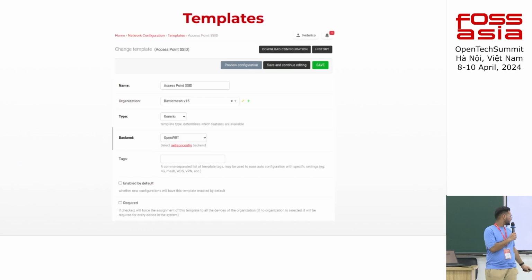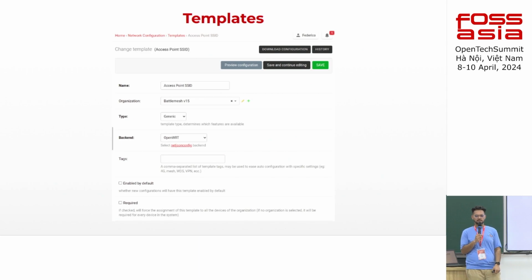Yeah, there are two small things here. First one is enabled by default and another one is required at the bottom. If you flag a template as enabled by default, any new device which registers on the system will automatically have the template enabled. So it reduces the amount of effort you will need to put in to set up a new device.